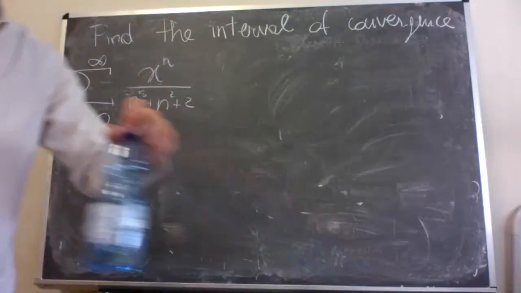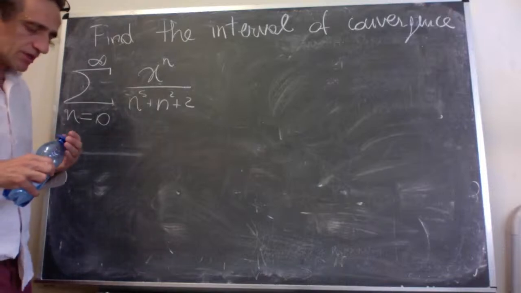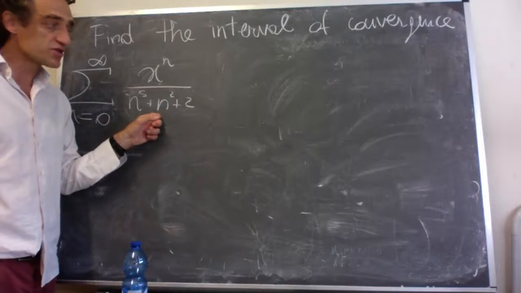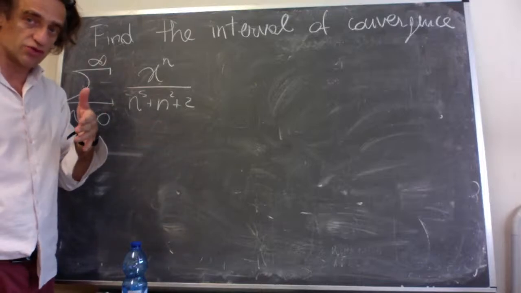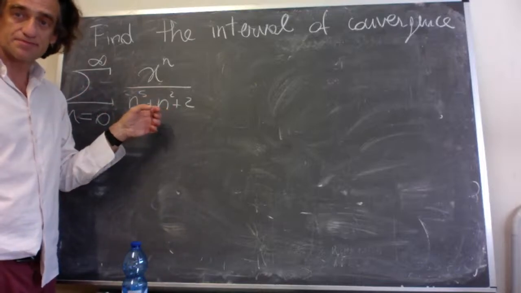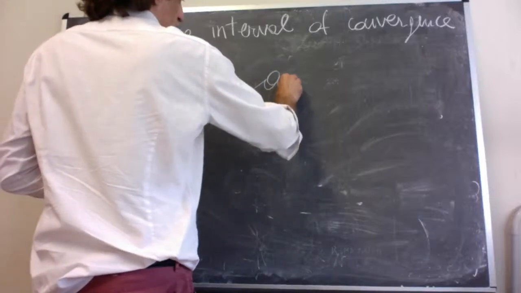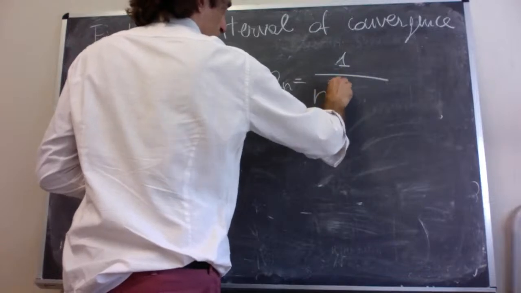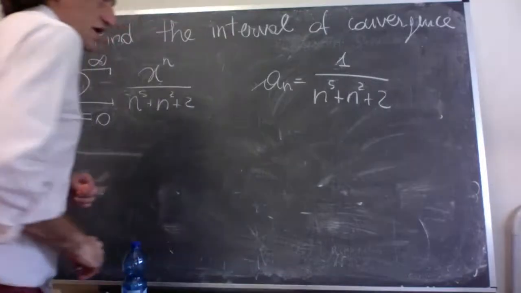Again, to compute the convergence radius, you have to apply either the ratio criterion or the root criterion on this coefficient an, which is 1 divided by n to the 5th plus n squared plus 2.